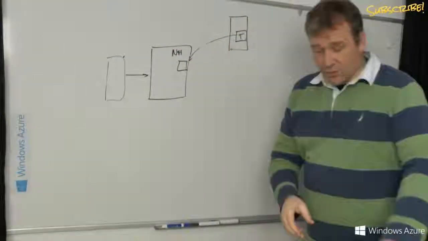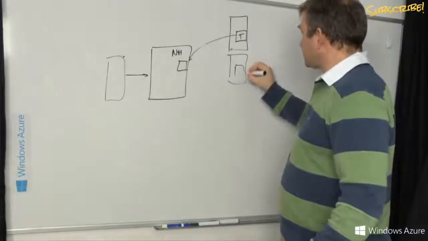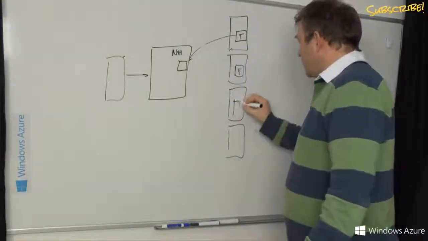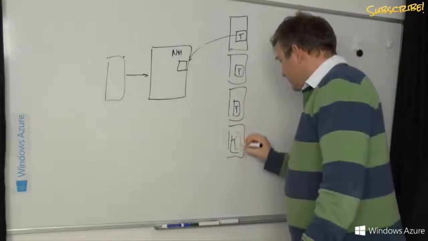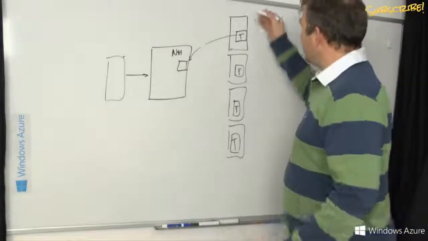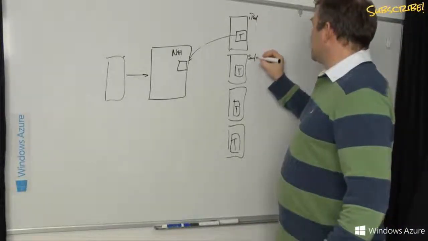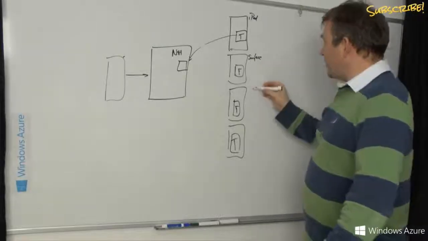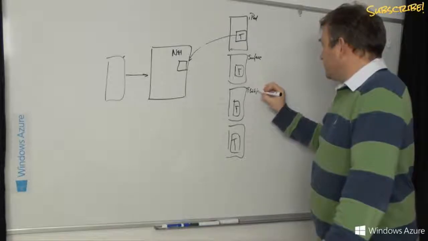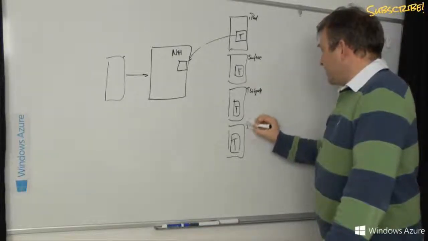So for instance, let's make some more targets, make some more registrations here. So all these different devices. Let's say this is my iPad, that's my Surface, and that's my ThinkPad, and that's my desktop PC.